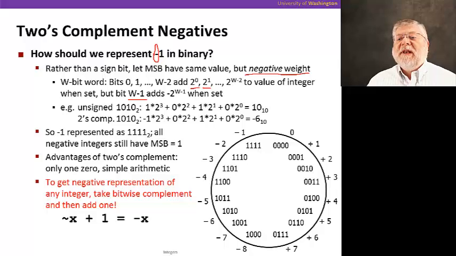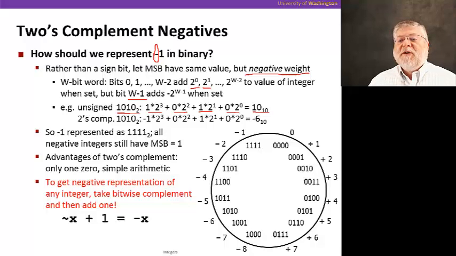In this case, the negative weight would be -128. 2 to the 7th is 128, and then -128. So let's take a look at an unsigned number here, 1010. That corresponds to 1 times 2 to the 3 plus 0 times 2 to the 2, and so on, to yield the number 10 decimal.